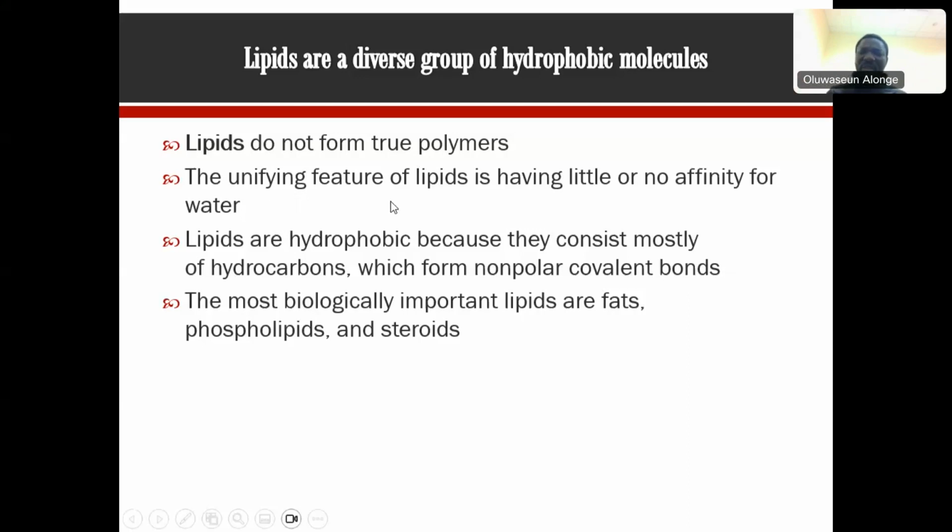The unifying feature of lipids is having little or no affinity for water, so we call them hydrophobic substances, right? We say they are hydrophobic, which is what you see right here.